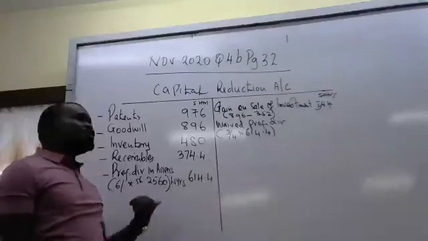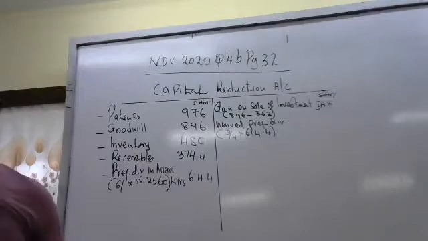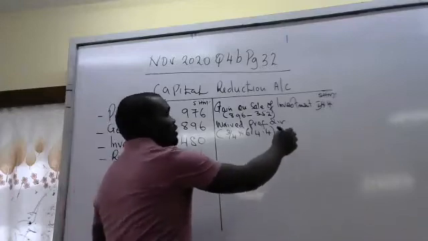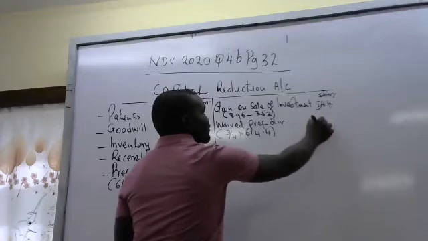So you credit the account to reduce that loss. How much? 460.8.